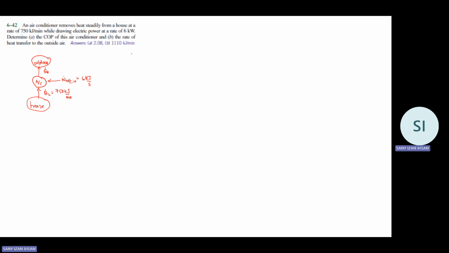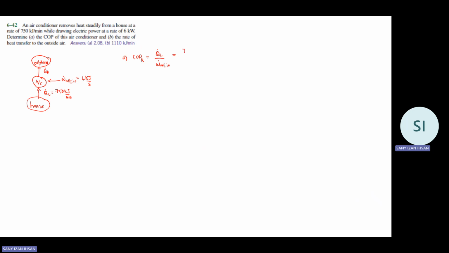Okay. So let's try this. So the first part, coefficient of performance. Okay. As we know, for a refrigerator, it is the intended, which is we want to remove heat from the room, the Q dot L, divided by the amount of work required to do the job, which is work dot in. And we have all the values basically.